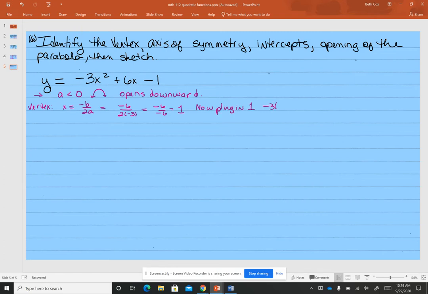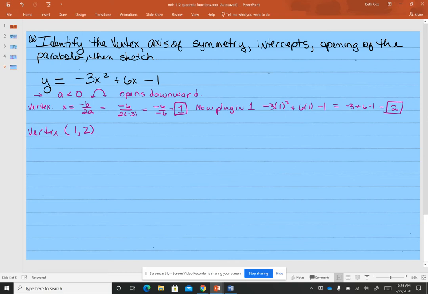So it'd be -3 times 1 squared plus 6 times 1 minus 1. And that's going to give me -3 plus 6 minus 1, which is going to give me 2. So now my vertex is (1, 2). That's the vertex.